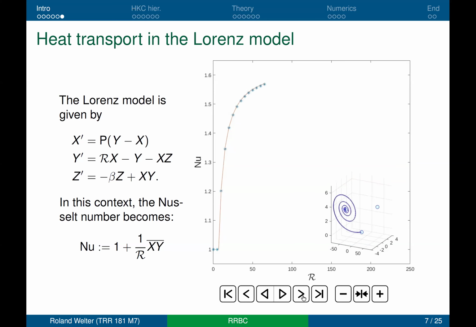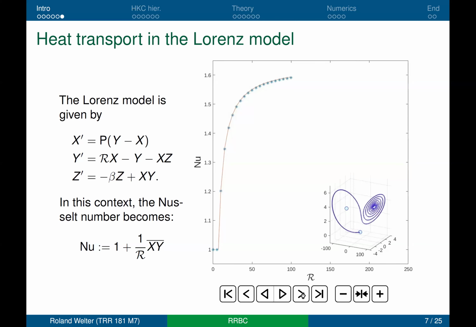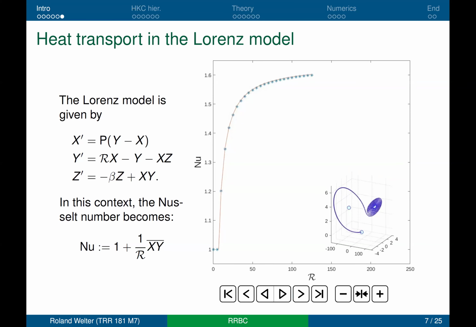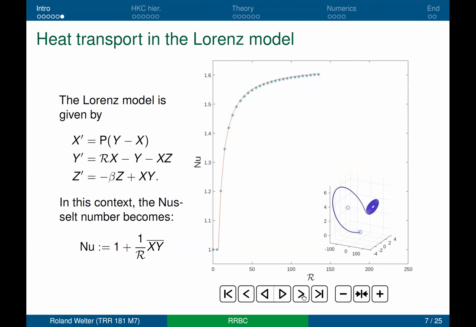This continues for some time, and then if you increase the Rayleigh number high enough, the fixed point solutions lose stability, and the global attractor is this complicated fractal that's quite well known.